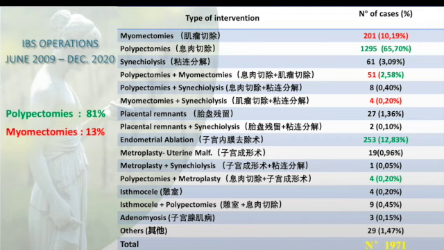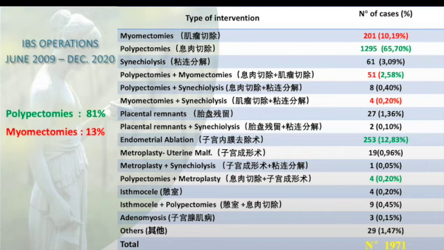So you see, these are our numbers. Since I started using the shaver in 2009, until I moved to Shanghai, we did more than 2,000 operations with the shaver. The majority of the cases are polyps. You see that polyps and benign pathology, which includes also hyperplasia, are about 81% of our work.